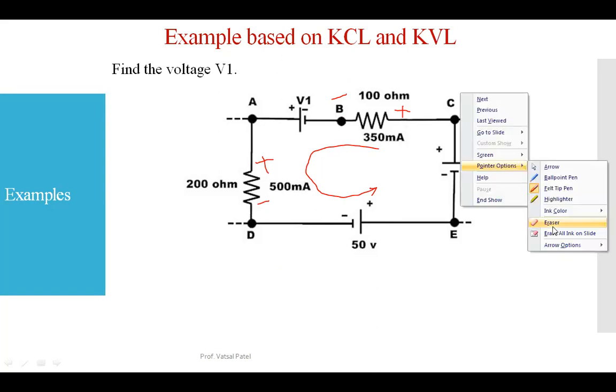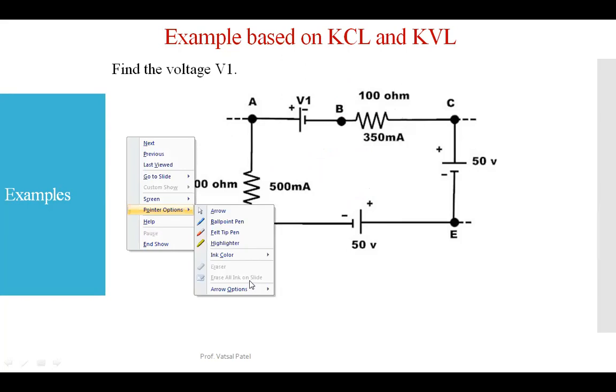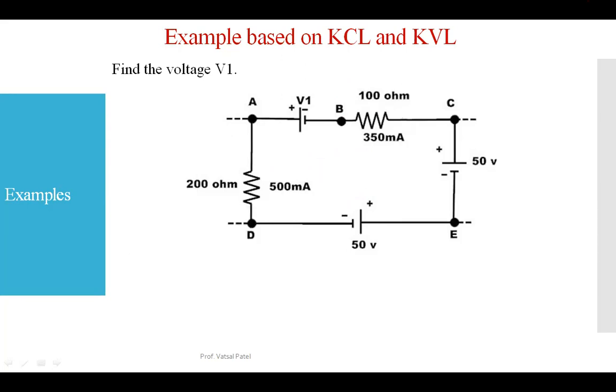First of all, I need to assume the current direction here, or the loop direction in which the current is flowing. It is not a problem, Bahati. You can take the clockwise also. That is not an issue. You can take it like this also. That is not an issue.